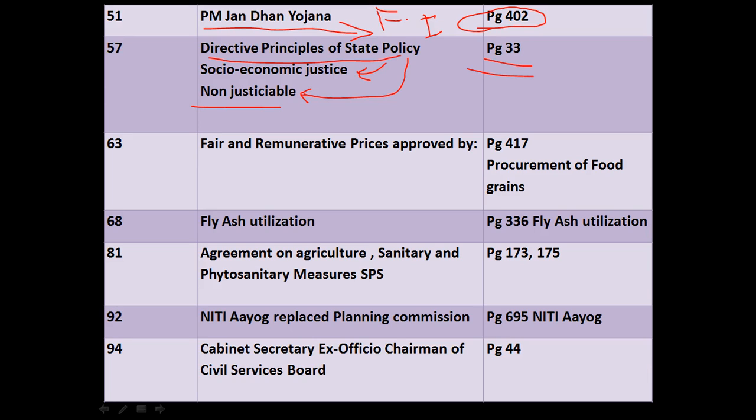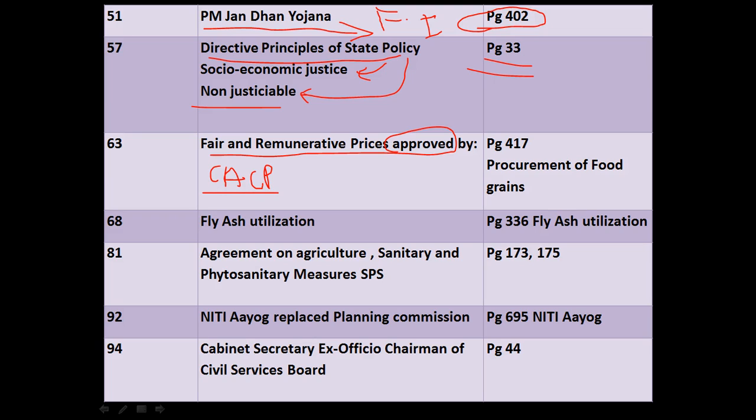Then there was this question about the fair and remunerative prices approved by. Actually, the Commission for Agriculture Costs and Prices gives the recommendations for this, because they have to do all these calculations, which the ministers, you really know how much educated they are, so they don't do all these calculations, they recommend.